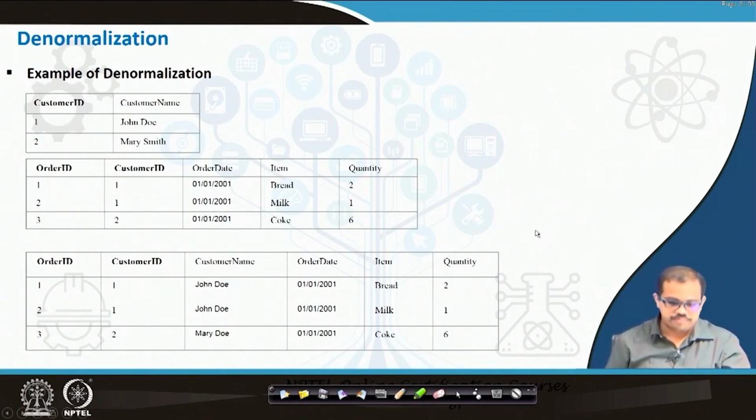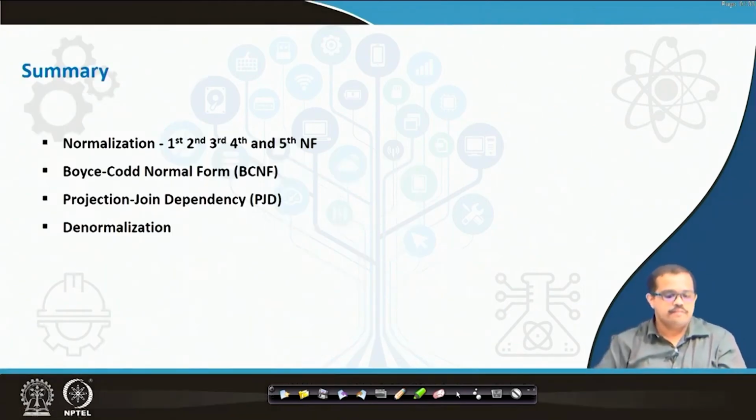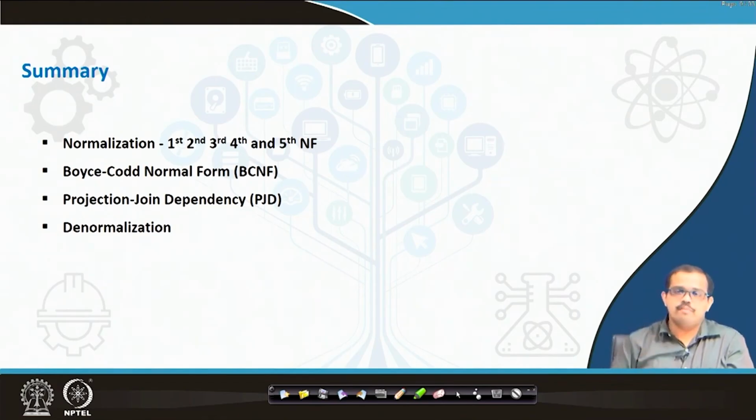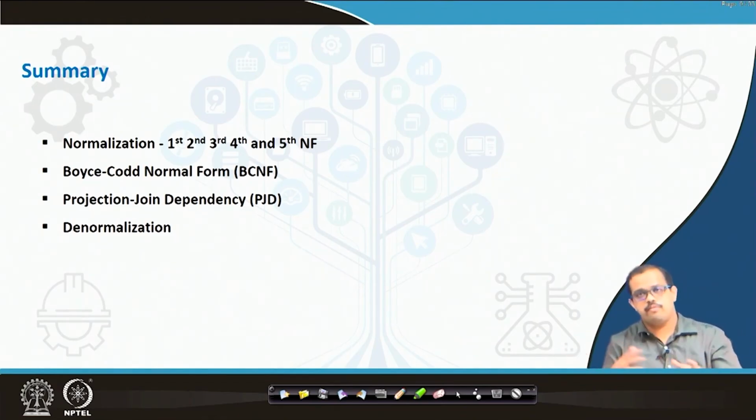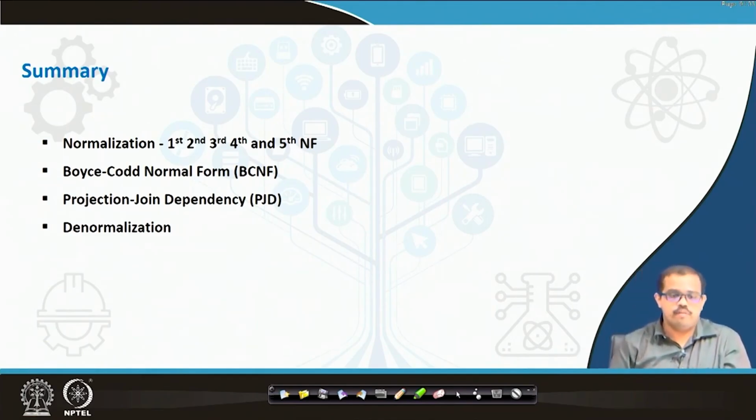In summary, we looked at the normalization forms, the first, second, third, fourth, and I did not explain the fifth normal form, but I gave you a brief overview of it. Then we looked at Boyce-Codd normal form for the third normal form aspect. Please look at the projection join dependency.